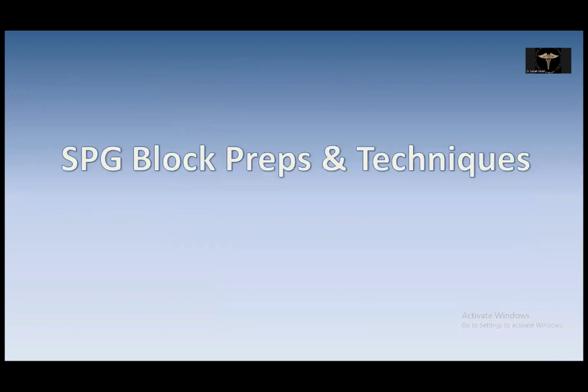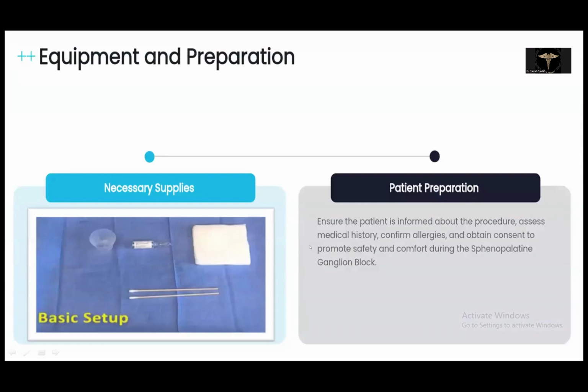Now, SPG block preparation and techniques. Okay, so about the equipment and patient preparation, the necessary supplies, as you can see here, are a very simple and basic setup.